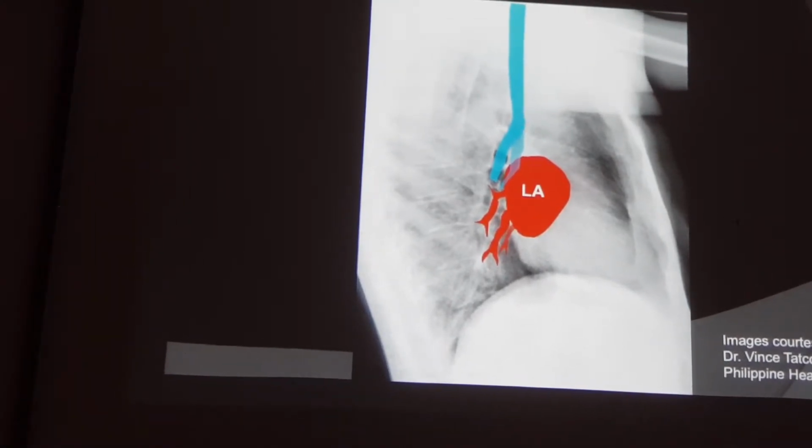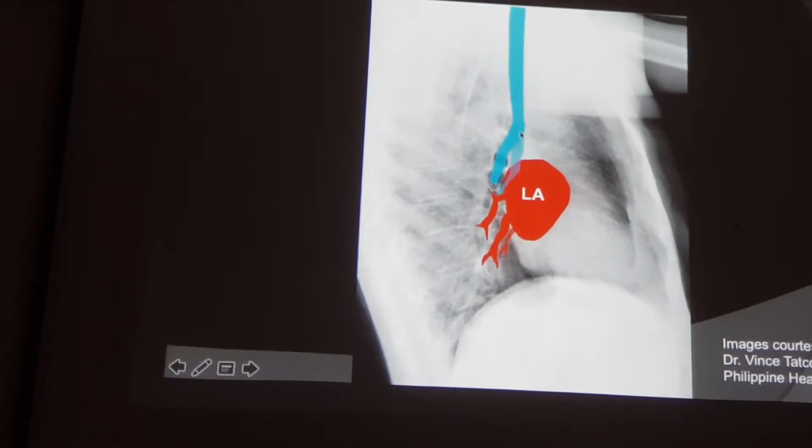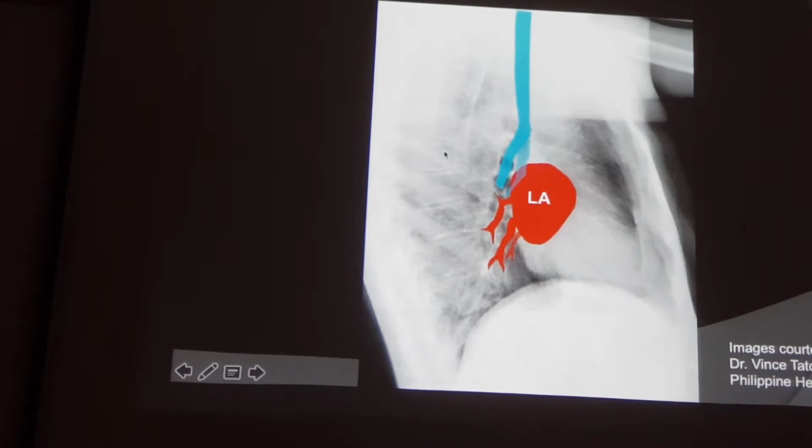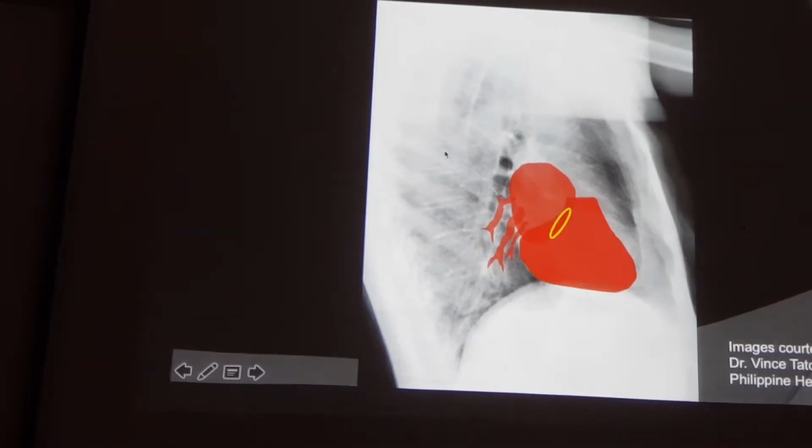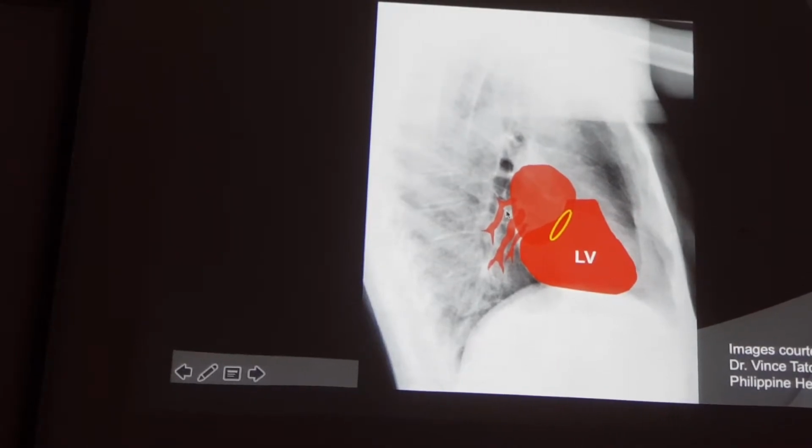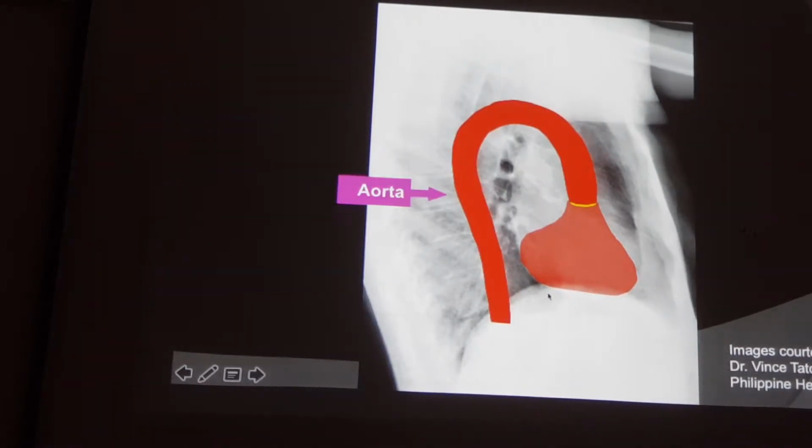On the lateral view, it's going to push your bronchi posteriorly. And your left ventricle, since it's more posterior, in the lateral view, it's going to fill up the retrocardiac space.